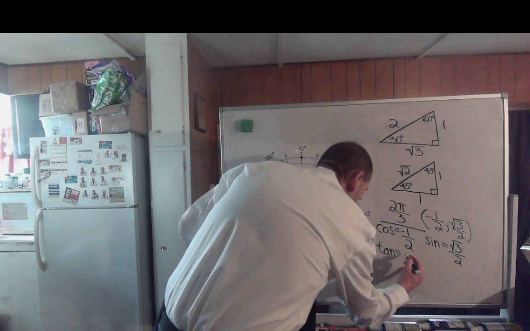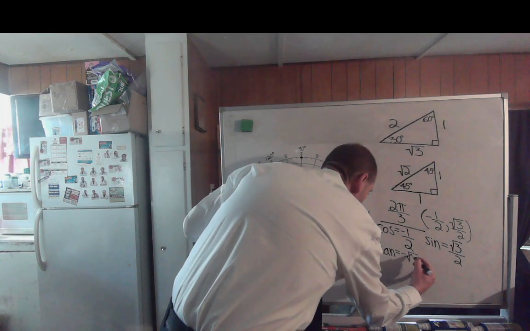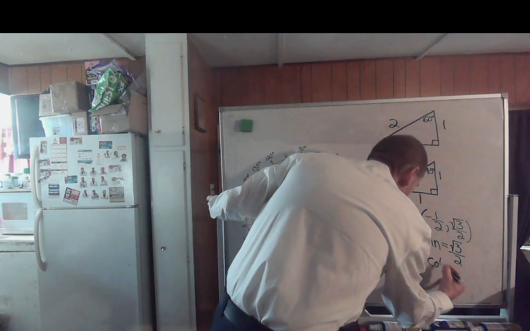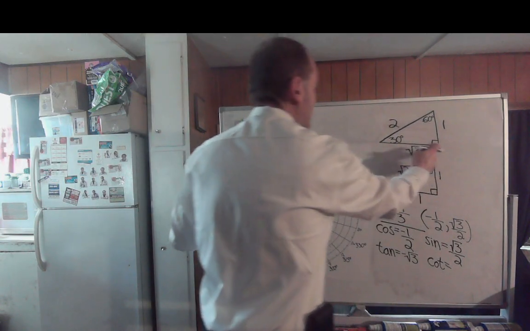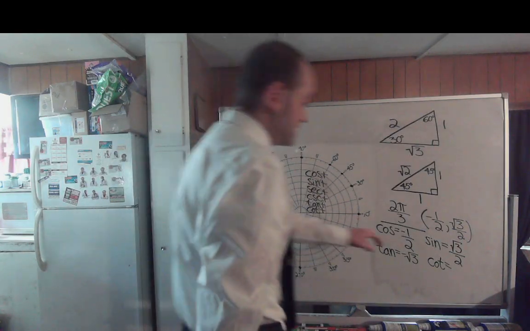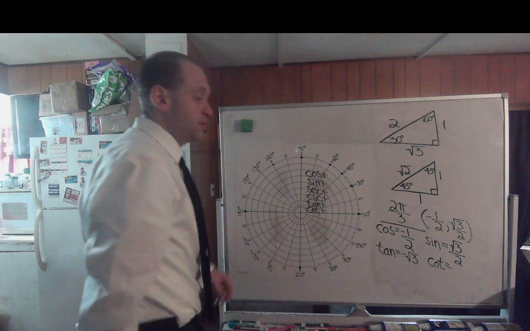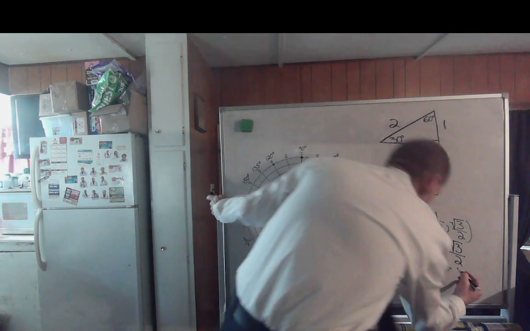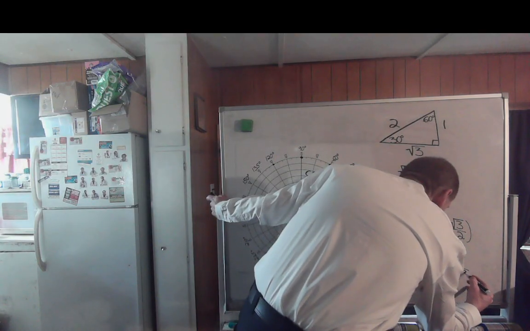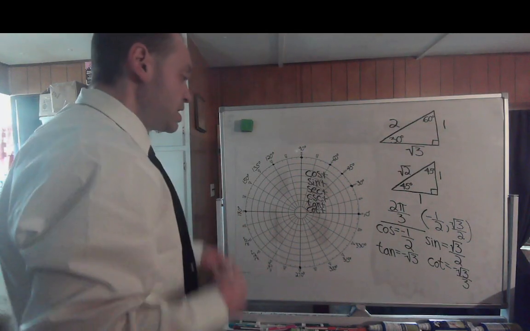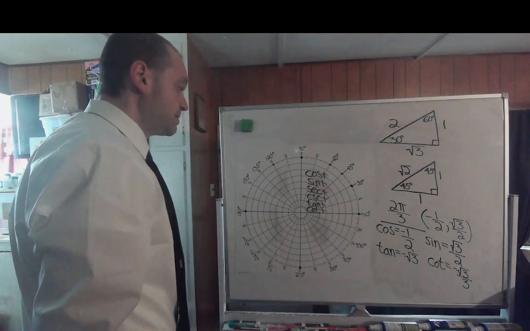So the tangent would be equal to negative of the square root of 3, which means then your cotangent, that's adjacent over opposite. Since it's going to be, in this case, x over y, you would have a negative divided by a positive, which is a negative. You would just get negative of the square root of 3 over 3. All right.